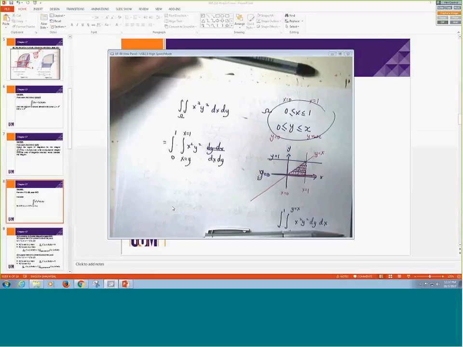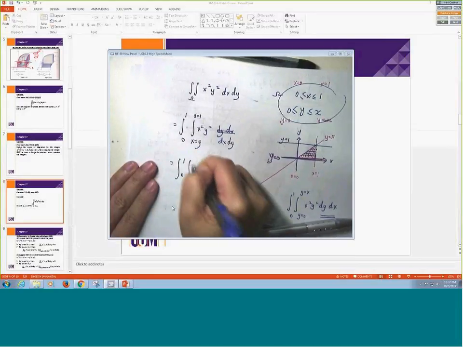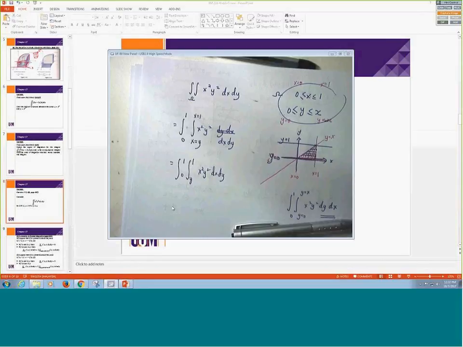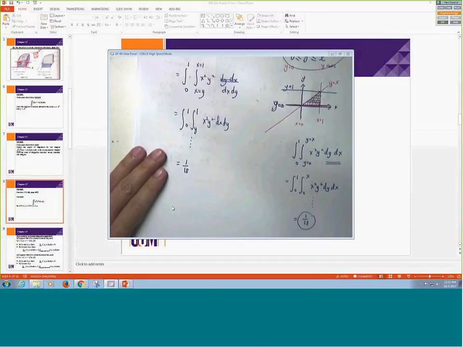So you need to solve the integral from 0 to 1, from y to 1, of x squared y squared dx dy. At the end, you will get the same answer, which is also 1 over 18.